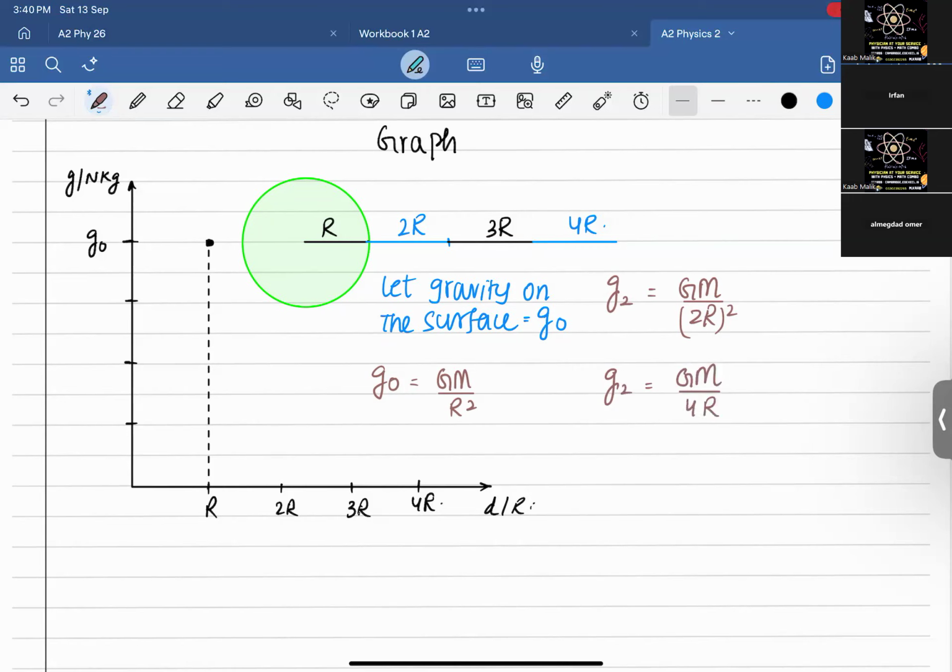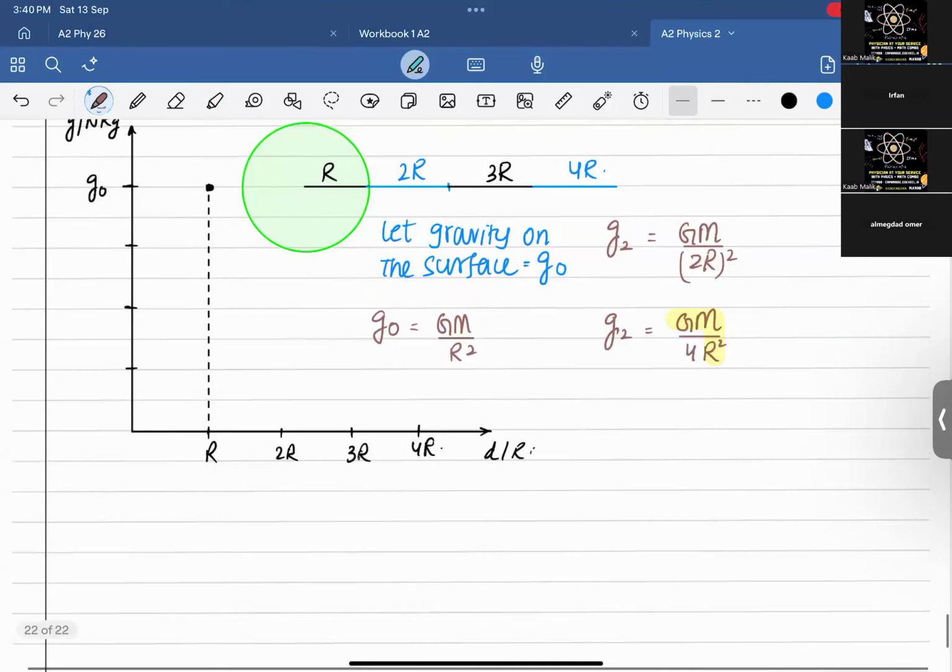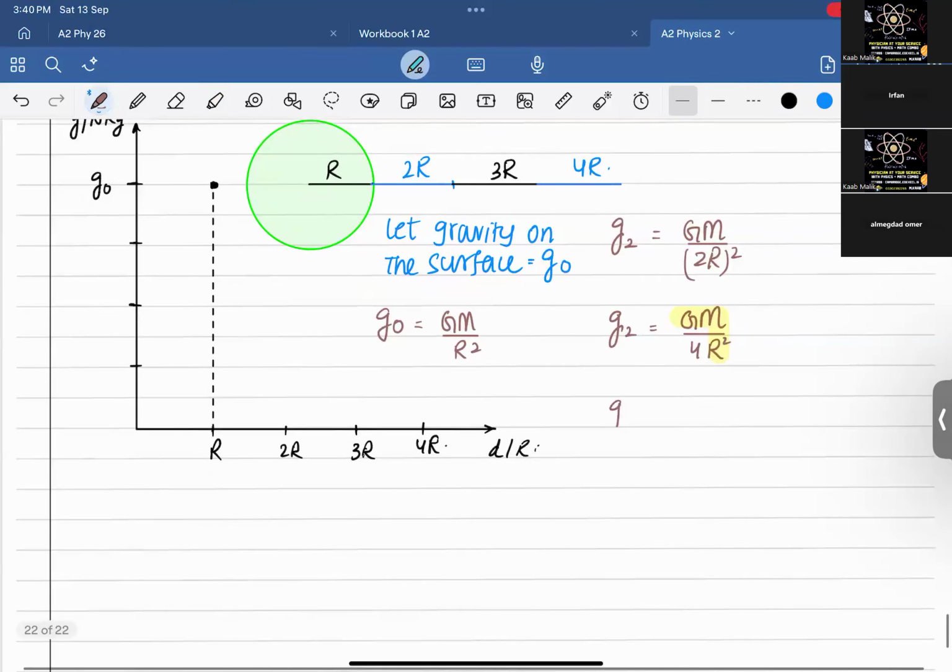You can see that G, M and r are basically constants, so you can replace GM over r squared with g naught. So G2 can be written as g naught over 4. And g naught over 4 is basically 0.25.